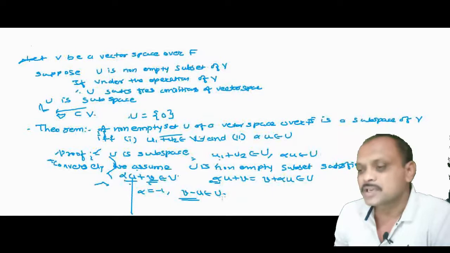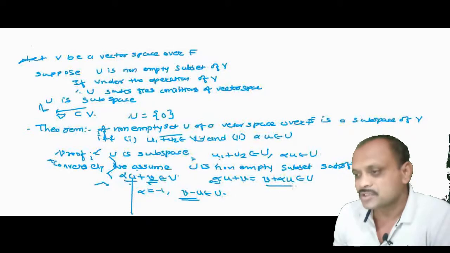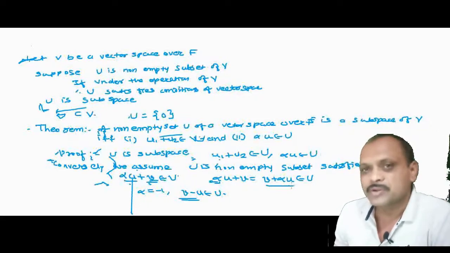We have shown that the plus operation is commutative, and therefore v minus u belongs to U. Here we have taken alpha equal to minus 1, but the condition is satisfied for any value of alpha.